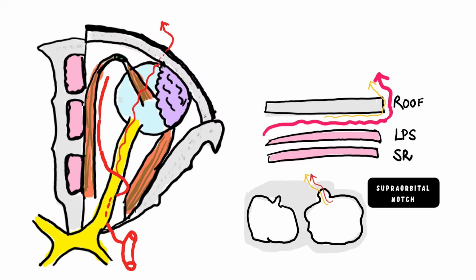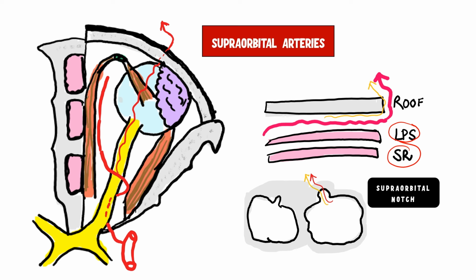So, moving ahead, we know that the ophthalmic artery is now going to cross on top of the optic nerve. As it travels on top of the optic nerve, it gives one branch, and that branch travels above the superior rectus and the levator palpebrae superioris. This branch is the supraorbital artery.